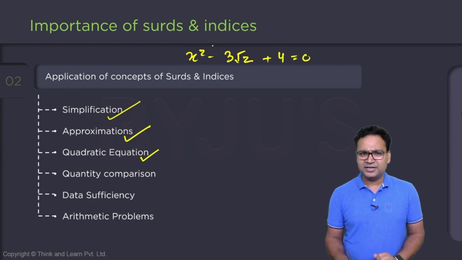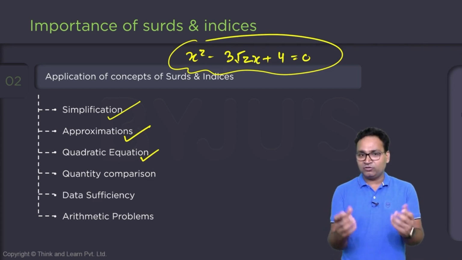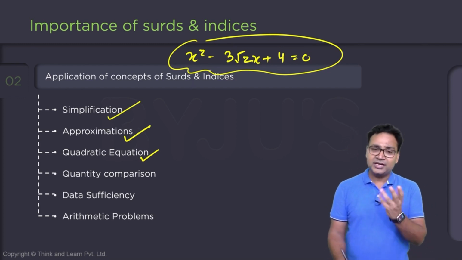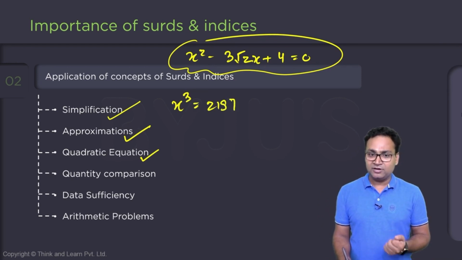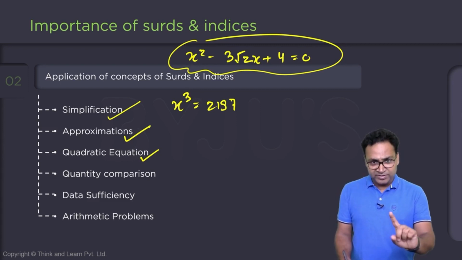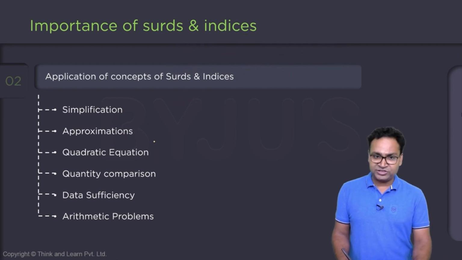Now we have to factorize this and get the value of x. So it can be visible in the form of indices in quadratic equations. Sometimes you will get an equation like x cube is equal to 2197. So again we are getting indices here. It may be surds, it may be indices, visible in quadratic equations.